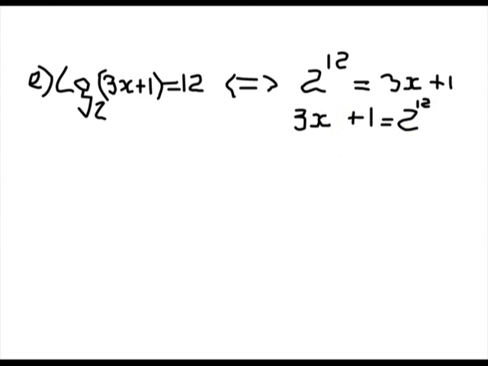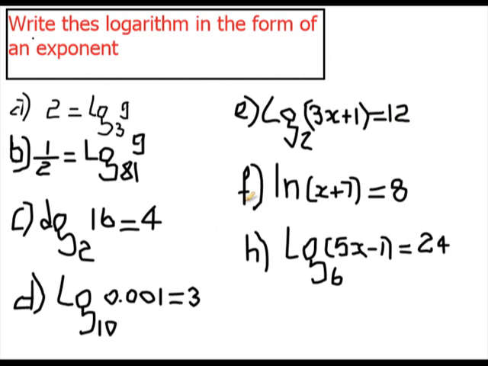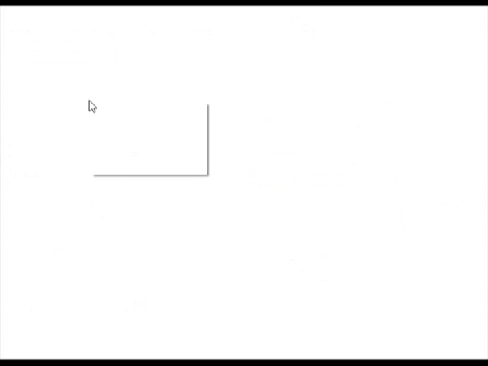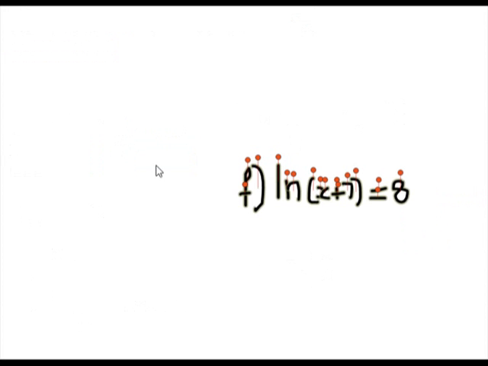Okay, so we already have a, b, c, d. Let's go for f. I will leave h for you. I'm just gonna solve f, and you're gonna try to solve h by yourself. I did a lot of examples, so you can try the last example by yourself.